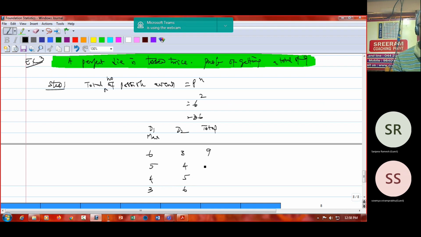The combination of what now? Can you just think of a combination here? What is it you require in the case of combination?